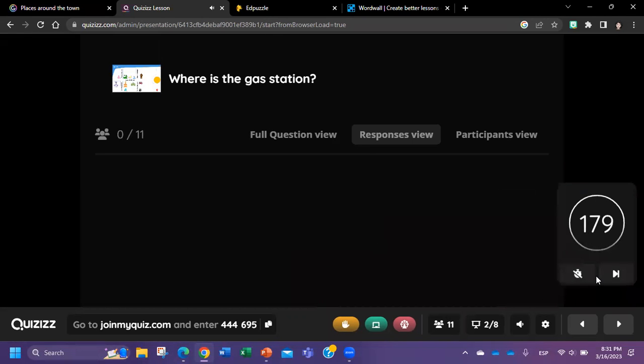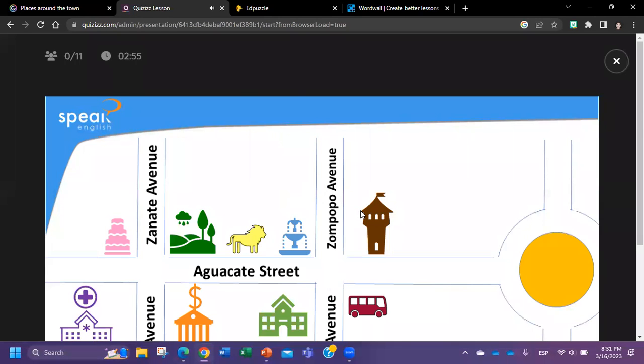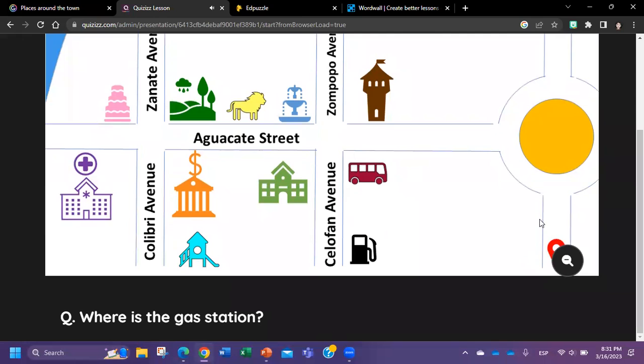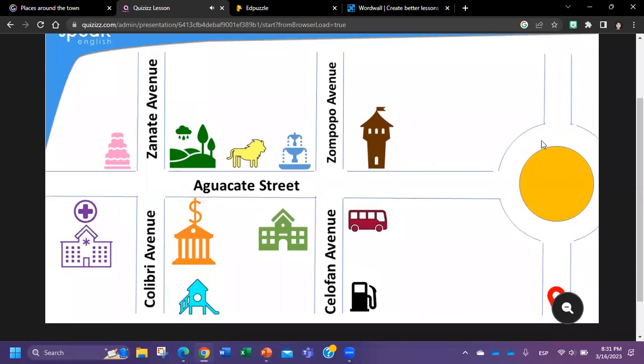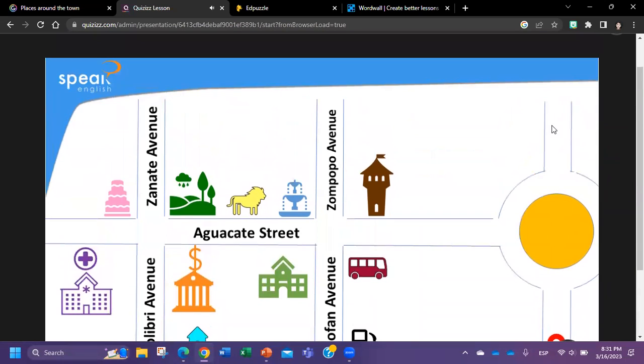Remember, try your best. Where is the gas station? Focus again where you are and tell me where is the gas station. In this case, I don't need a direction.